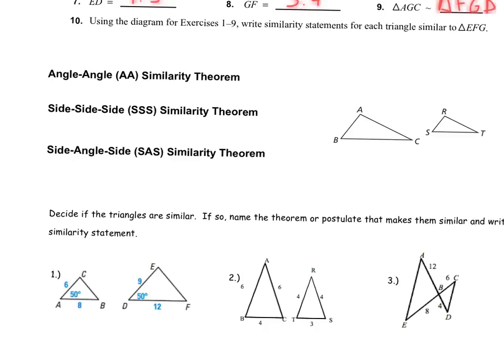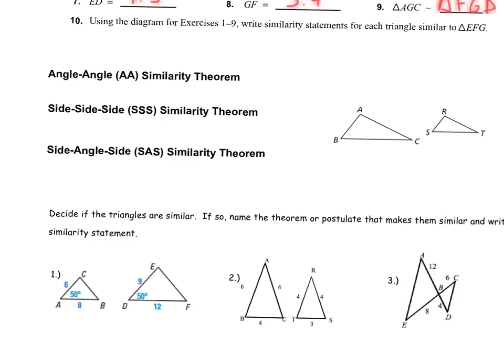You guys got that? So if we can say two adjacent sides, you can't have non-adjacent sides in triangles. If you have two sets of sides in a triangle that are proportional and the angle between them is congruent, then you can do side, angle, side. Okay, so those are the three ways that you can prove they're similar.